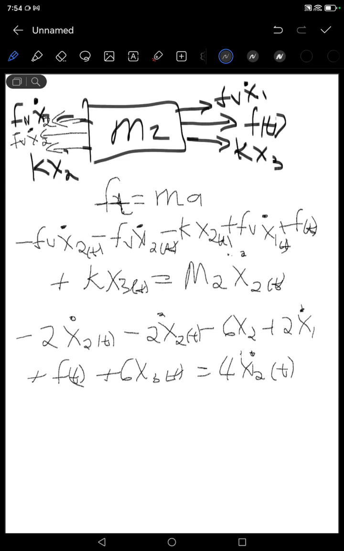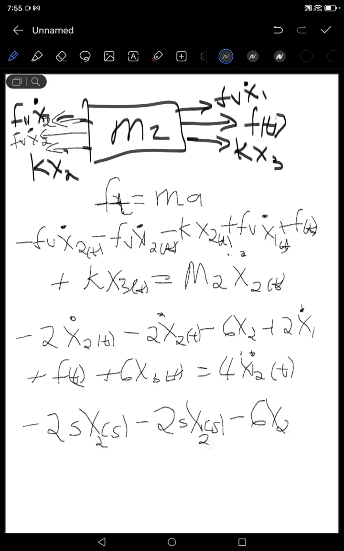Now from here we can introduce the Laplace. So we're going to have a negative 2s x2 of s, minus 2s x2 of s, minus 6 x2 of s, plus 2s x1 of s, plus f of s. Laplace of f of t is f of s.